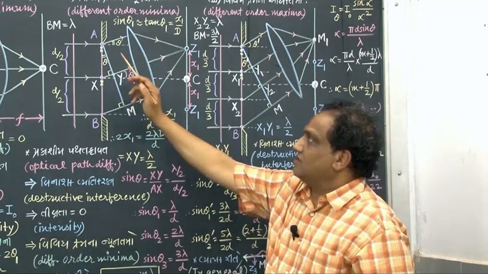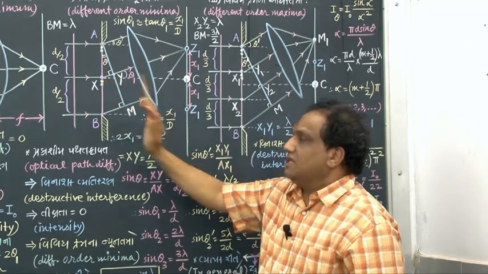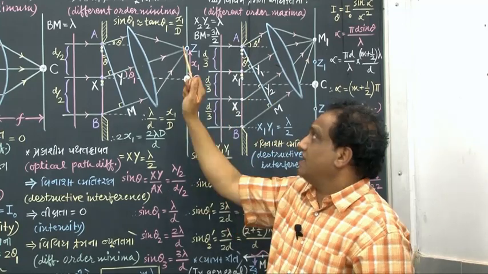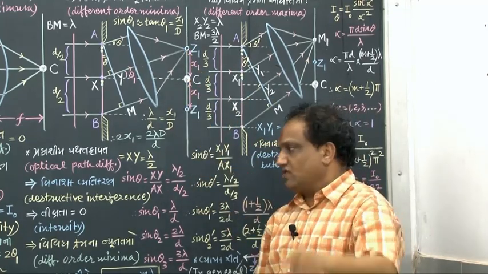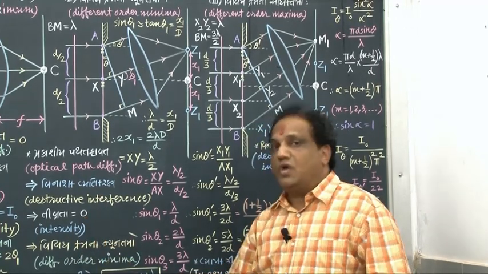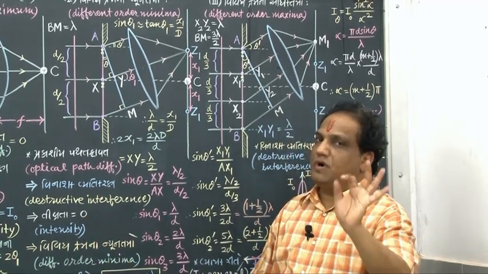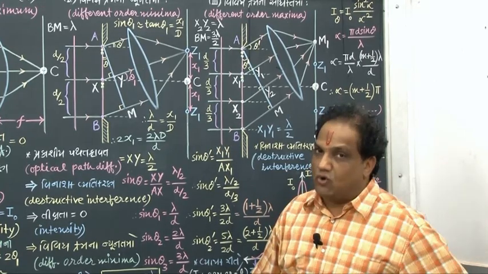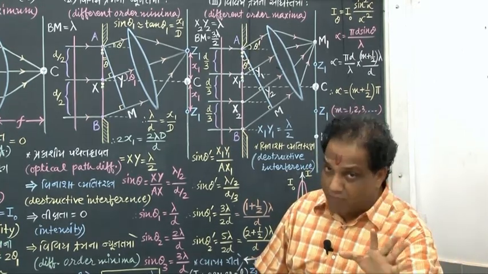So between the light waves emitted from points A and X, destructive interference will take place at Z1, and because of destructive interference, the intensity would be 0. And whenever intensity is 0, the point will appear dark.